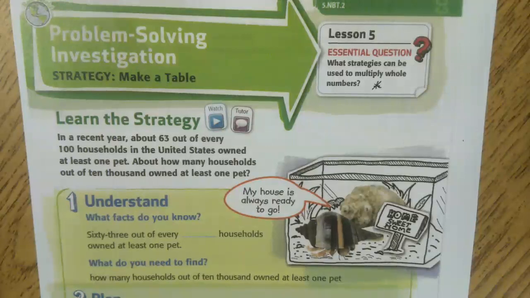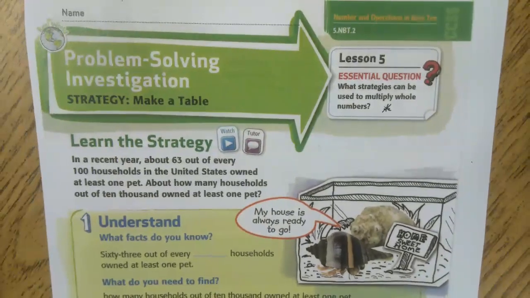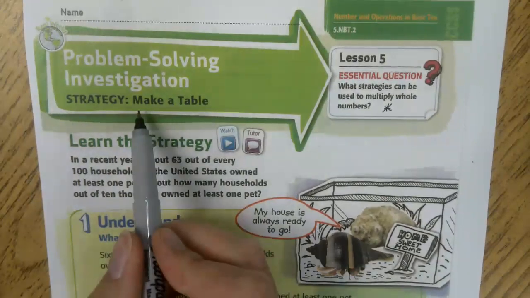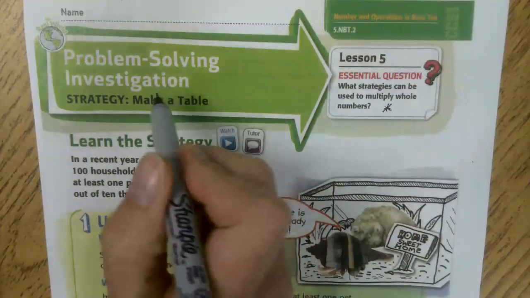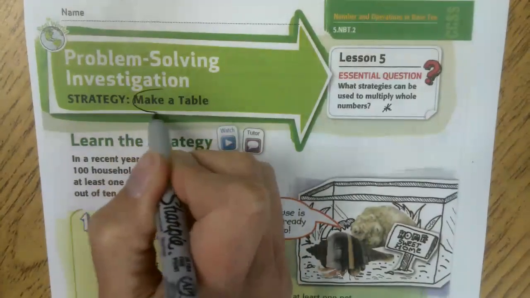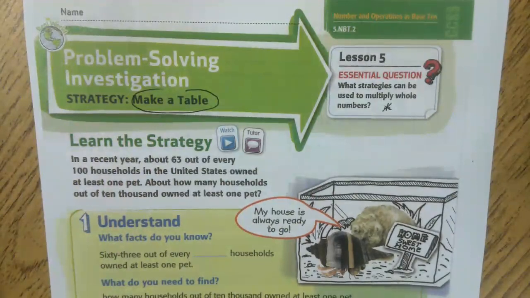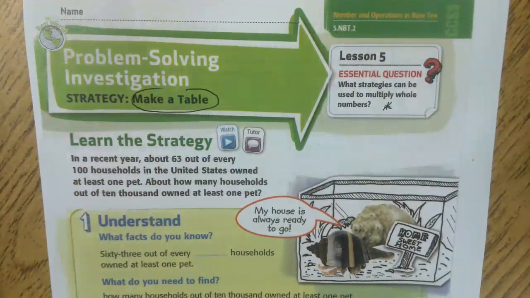So lesson 5 is the problem-solving investigation lesson, and the strategy that we are going to be focusing on is making a table that will organize your information, it will organize your numbers. And this will help you not only in math, but this will help you in science as well. If you remember back to our first problem-solving investigation for chapter 1, we introduced the 4-step plan.